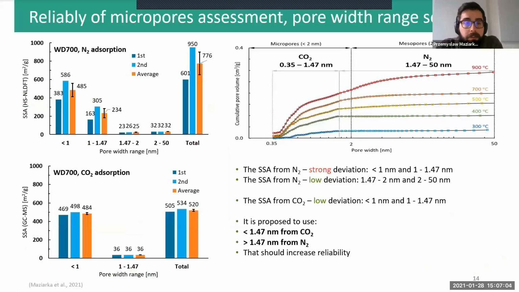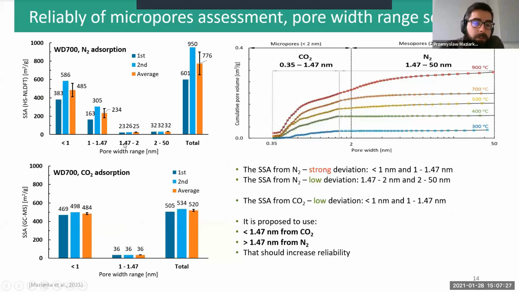To quantitatively assess the difference, some additional measurements have been made, especially for the wood char. We observe that in the microporous region there is a huge difference between the consecutive measurements.